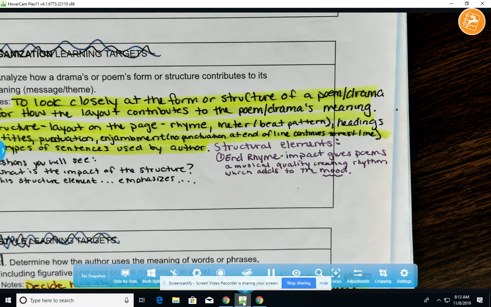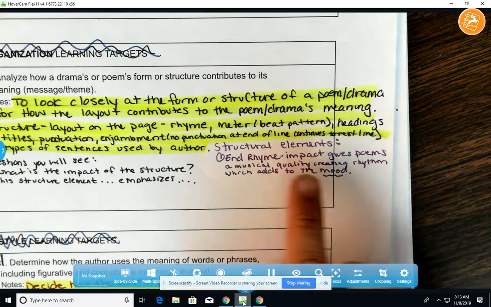Sometimes it could be couplets where you go A, A, B, B. Remember, each letter represents the final word in the line and which word at the end of a different line it rhymes with. But rhyme scheme does impact a poem.